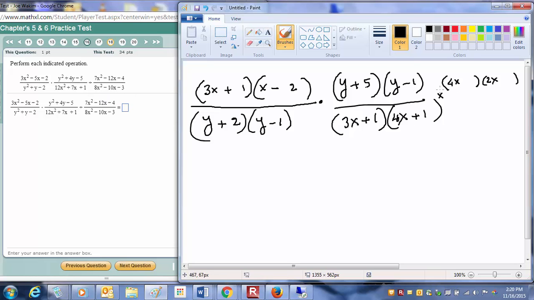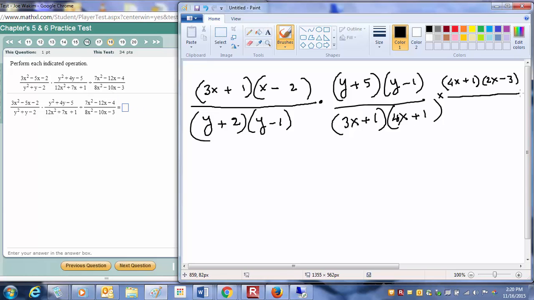Then if I put the 3 here and the 1 here, I'm going to get the outer 12, the inner 2, and the difference is 10. So let's make sure we have a minus here, so that's going to give me negative 12x plus 2x. That's going to give me the negative 10x, so I satisfied the middle term.